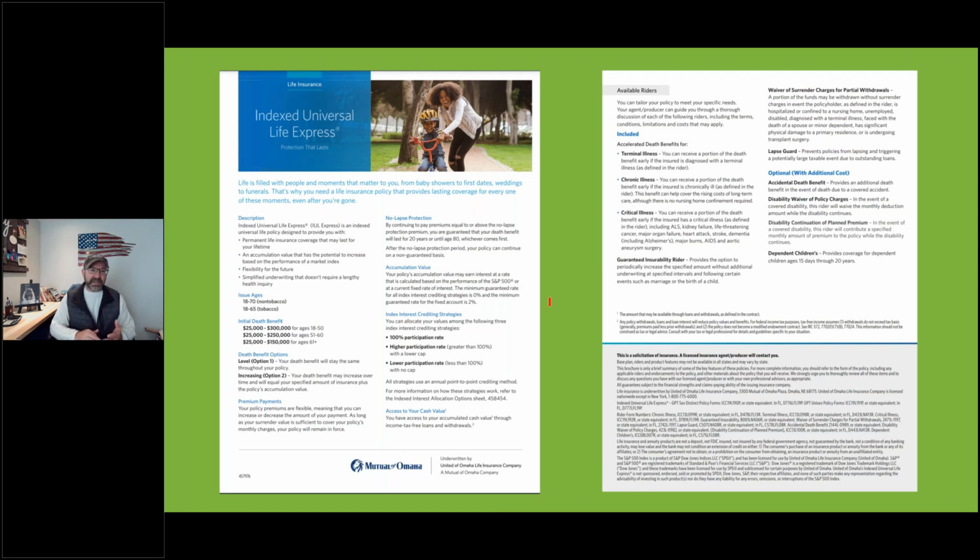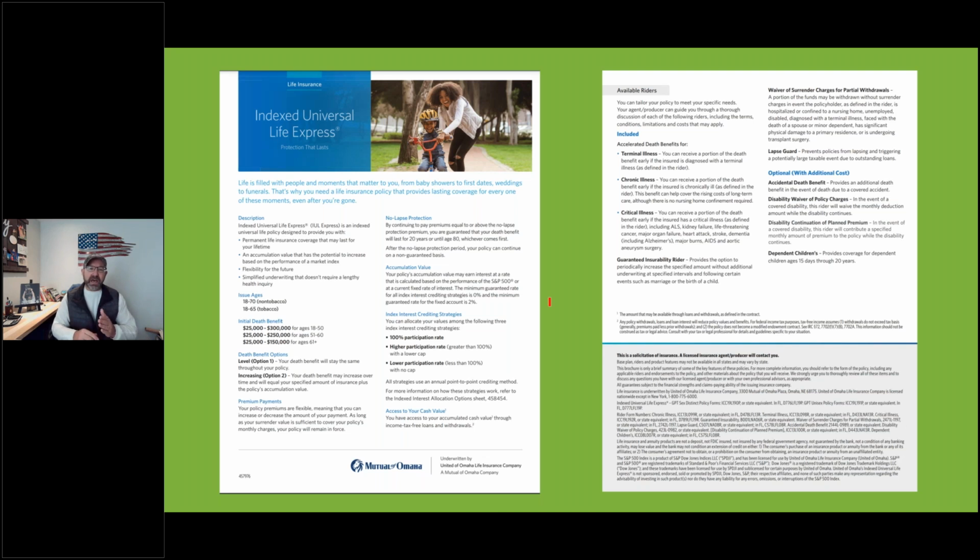What's nice about this is that if you have those clients that are in, like I said, mid to upper 50s, 60s, even all the way to age 70, but they have the financial capacity where they're looking for a final expense product, 25, 30, 40, maybe even 50,000, and they're healthy enough. Why not present the IUL Express?